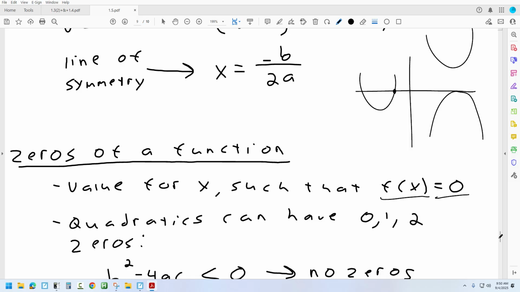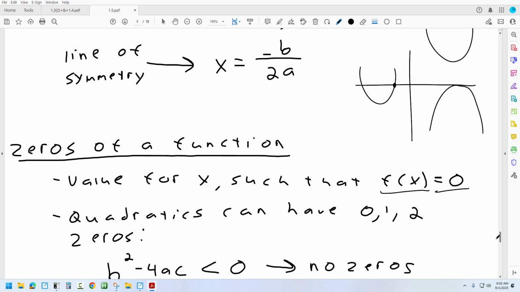And if you have an equation in this format, you can very quickly tell how many times that graph is going to cross the x-axis by looking at this number, that number, and that number.